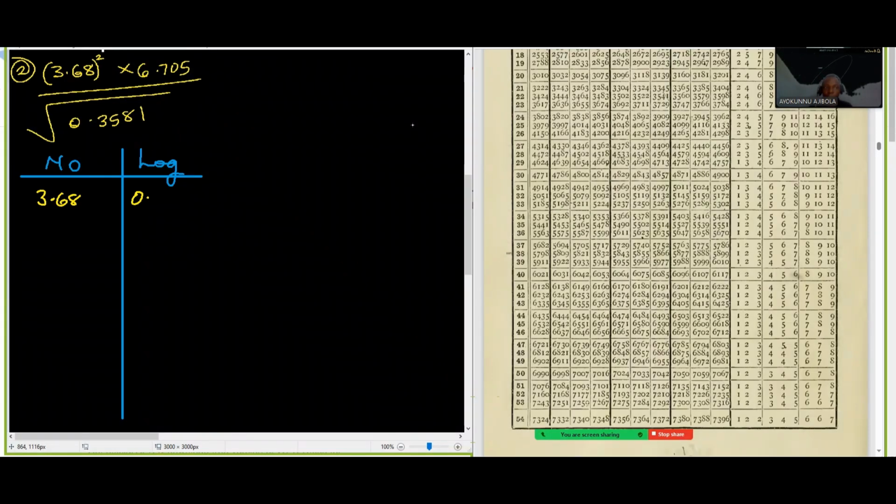Can you hear me? Let me know if you can hear me. So I have 56, 58 has the value there. So that is 5658 for the logarithm of 36 under 8.